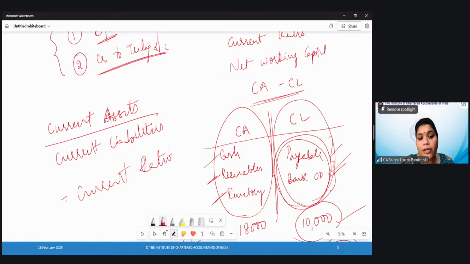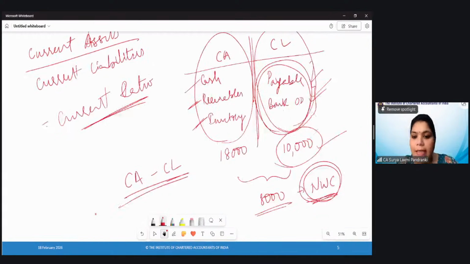But why do you need current ratio? Let us see that also. Suppose for a bank loan, okay? When you go for a bank loan, the banker will look at your current ratio. He will ask you how much current assets you have, how much current liabilities you have. Or when he's looking at your balance sheet, he will ask you what your current ratio is. Looking at the current ratio, he will decide, are you capable of paying your current liabilities?